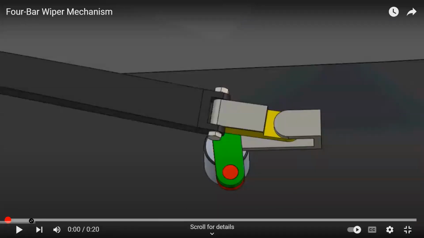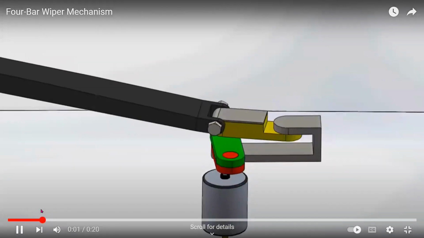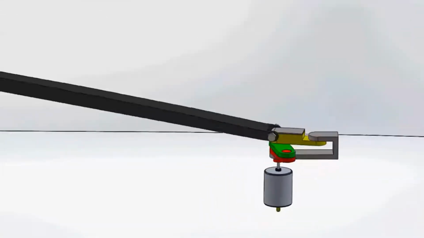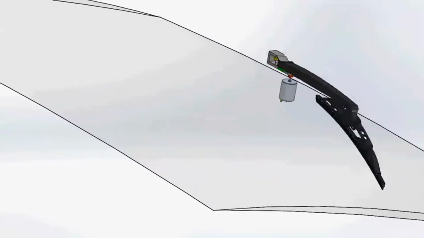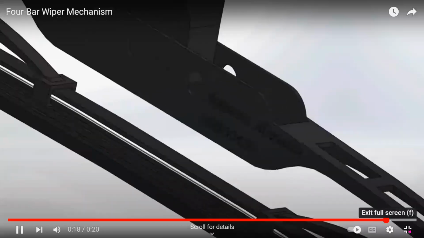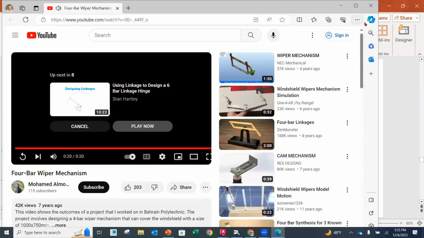Look at it one more time, because the beginning is where you can really see the actual mechanism. So that's going to be a crank rocker mechanism, a crank rocker.